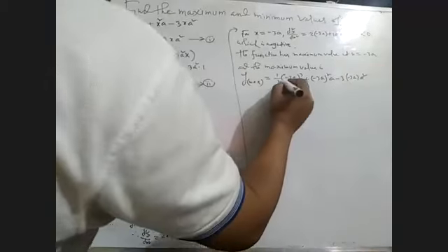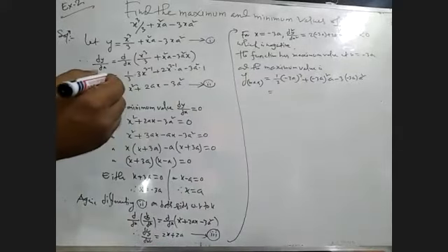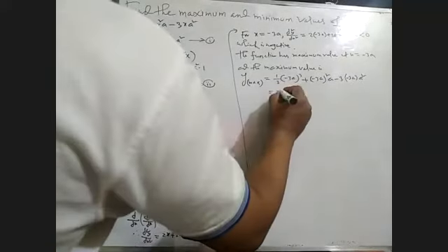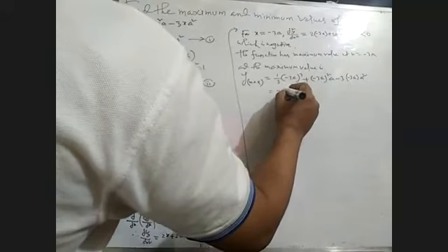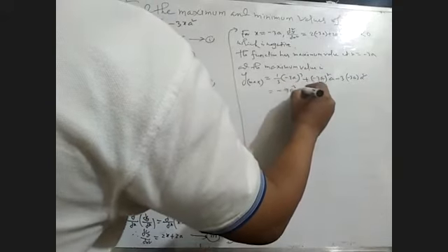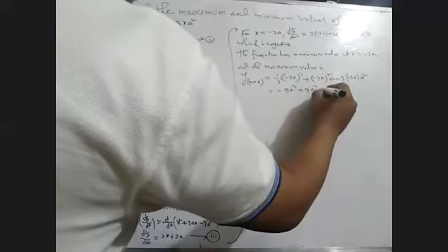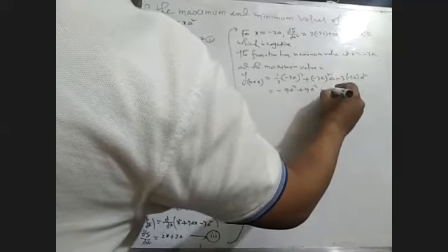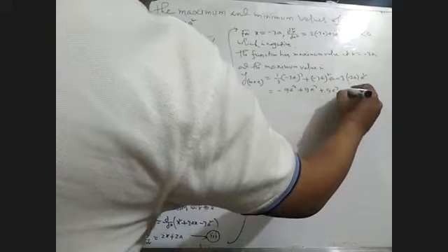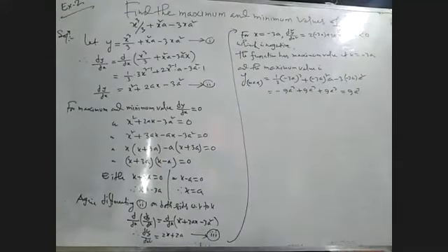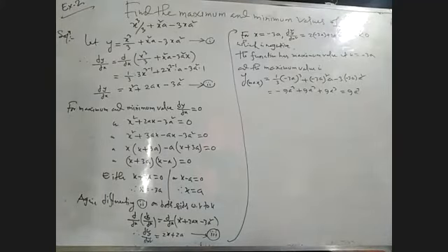What will be? Minus 27 by 3, that means 9a cube plus 9a cube plus 9a cube. This equals to 9a cube. That means the maximum value is 9a cube.